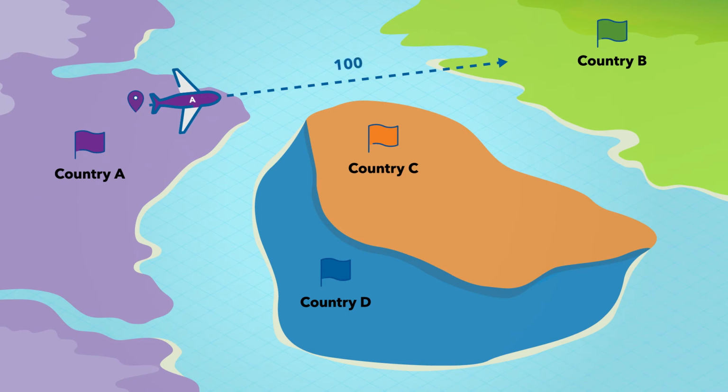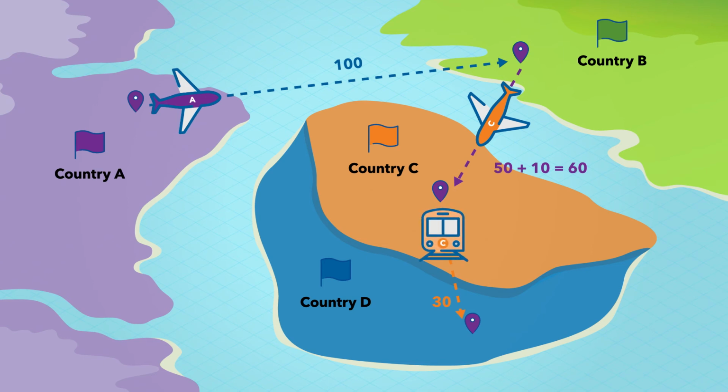While in country B, resident A also takes a trip to neighboring country C on an airline owned by country C for 50 and pays an extra 10 for checked bags. Resident of country A then takes another trip to neighboring country D for 30 on a train owned by a rail company in country C.